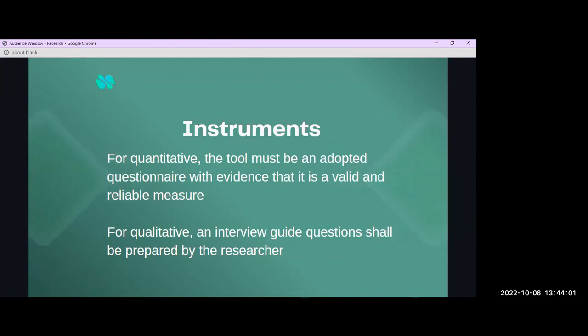Kasi sometimes itong qualitative research are actually even Creswell really said that it is a subjective type of research. So that is why you have to establish the trustworthiness of your study, the credibility, dependability, confirmability, and transferability. So these are important components that you have to emphasize or establish in qualitative research.